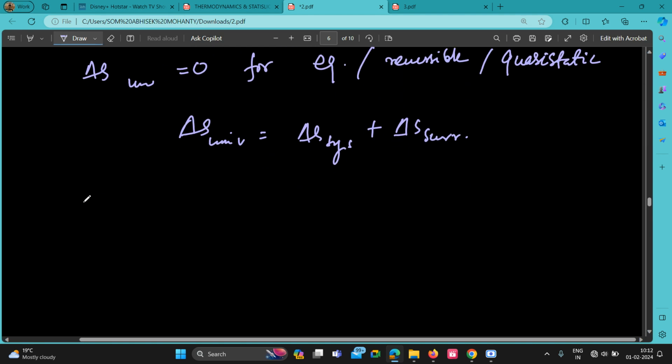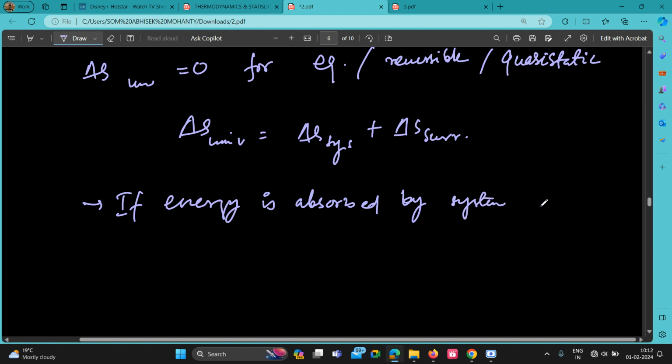See, it's an important point. If energy is absorbed by a system, then entropy will increase.